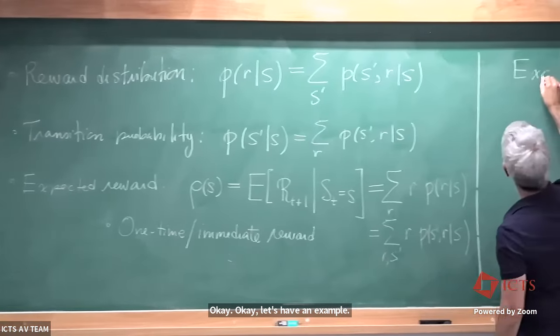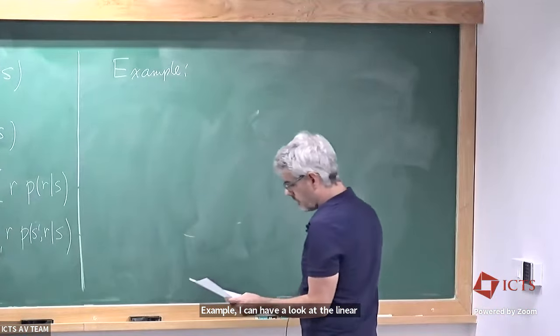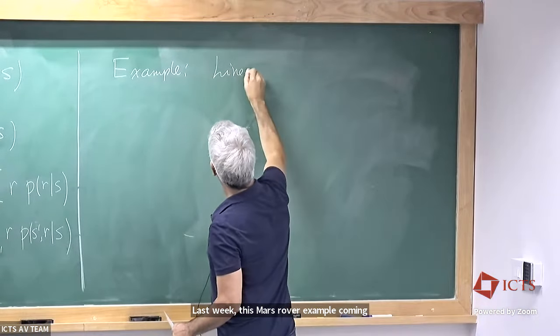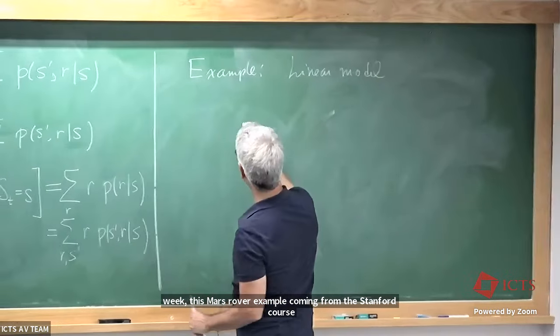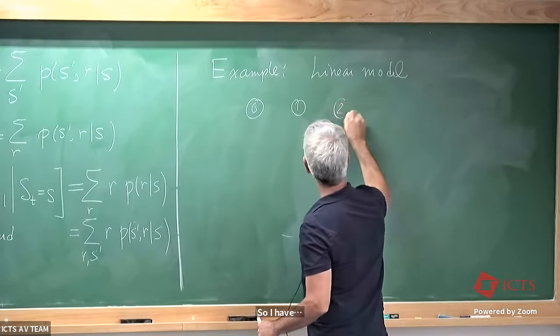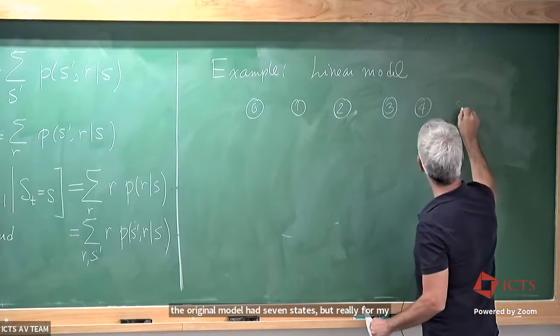I can have a look at the linear model that I had last week, this Mars rover example coming from the Stanford course. So I have 7 states. Not sure why I chose 7 states. I think the original model had 7 states, but really for my purpose, I only need a few. It just means that I'm writing more.